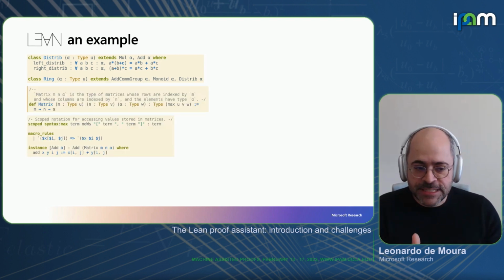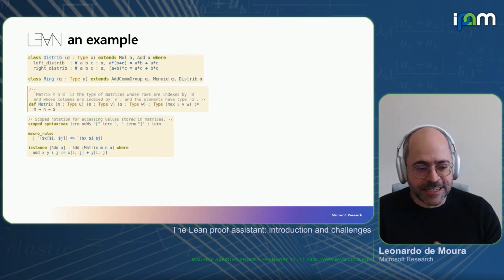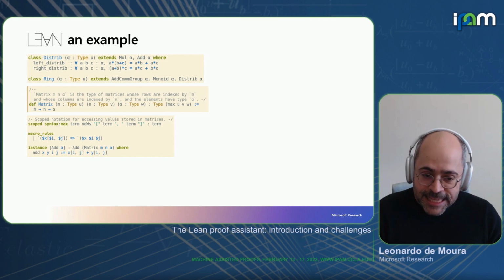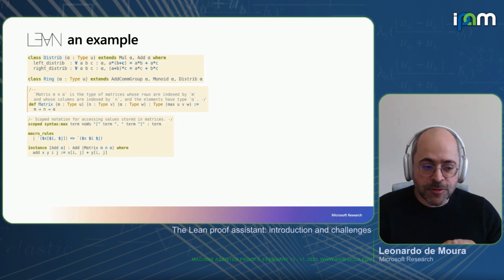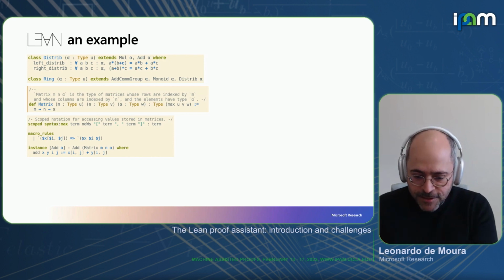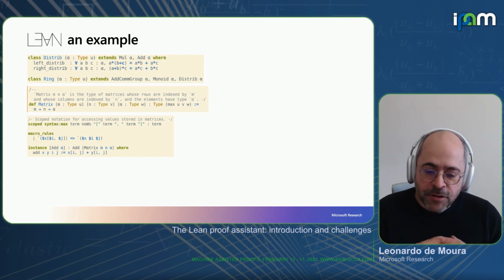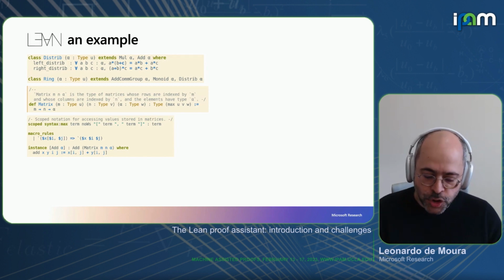Then you can define matrices, and you can declare your own notation. For example, here we're adding new syntax to the system, and giving the semantics with these macro rules, saying how you expand the syntax into existing notation. Macros are important because in Lean, simple extensions should be simple to implement.